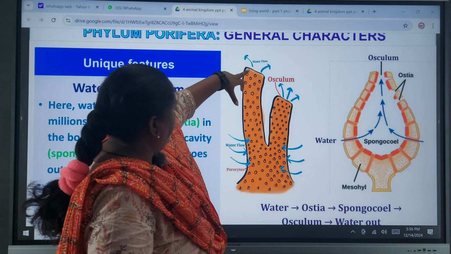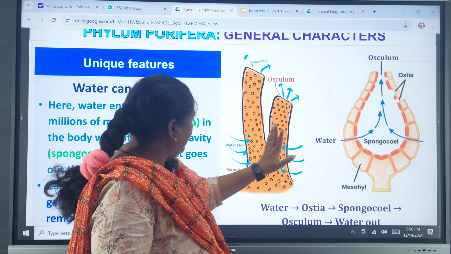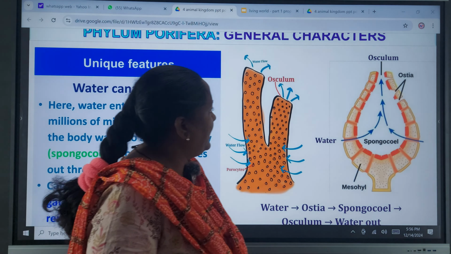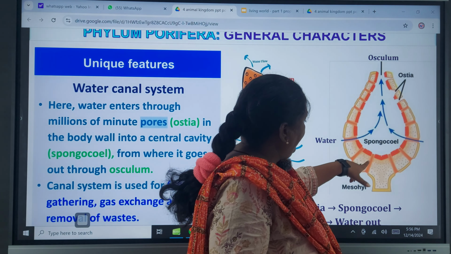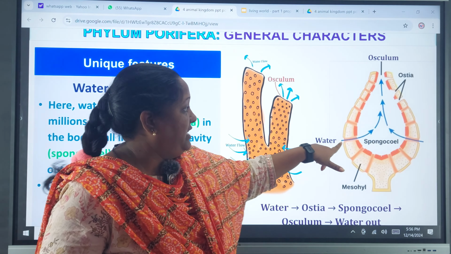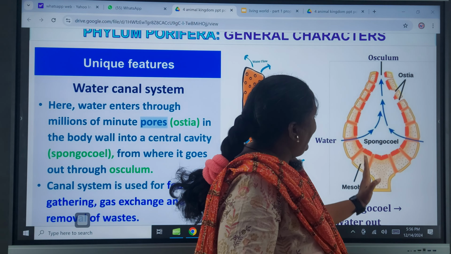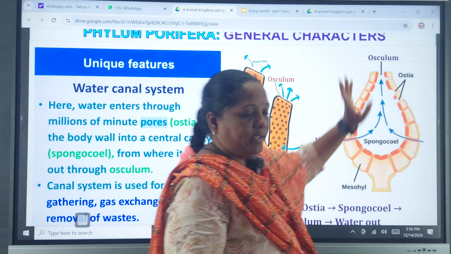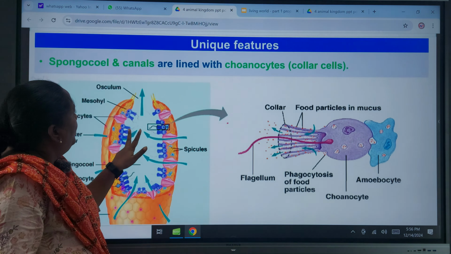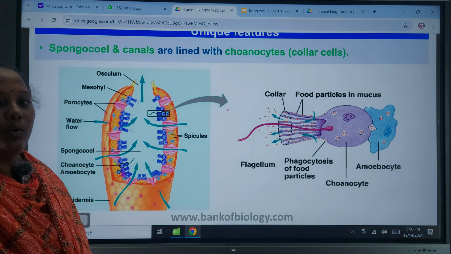You observe here, water flows through the ostia and comes out through the osculum. These small bubbles are water, and some porocytes are there. Here you see the mesohyl, water, this is the spongocoel, the cavity, and this is the ostia where water enters, and the osculum where water goes outside. The spongocoel and canals are lined with the choanocytes.